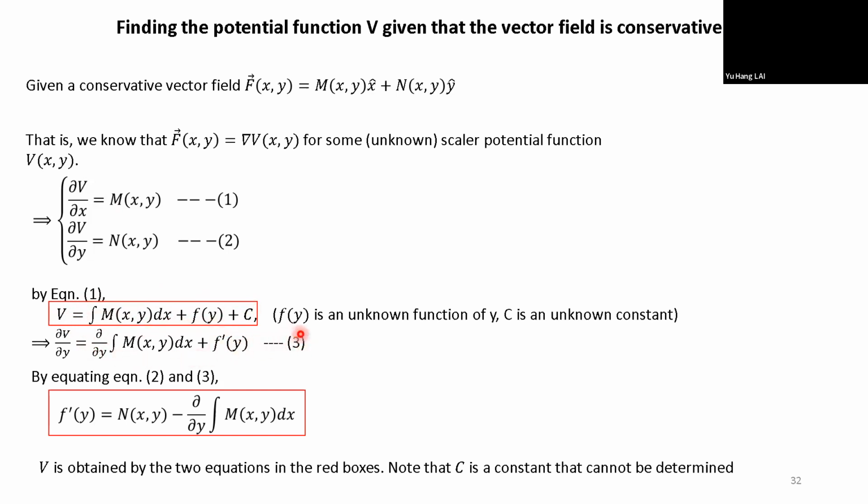But remember, equation 3 has to be the same as equation 2 at the end. So from here, we will find the equation for f prime of y. Then once we get f prime of y, we can get f of y. Then we get the potential function v.